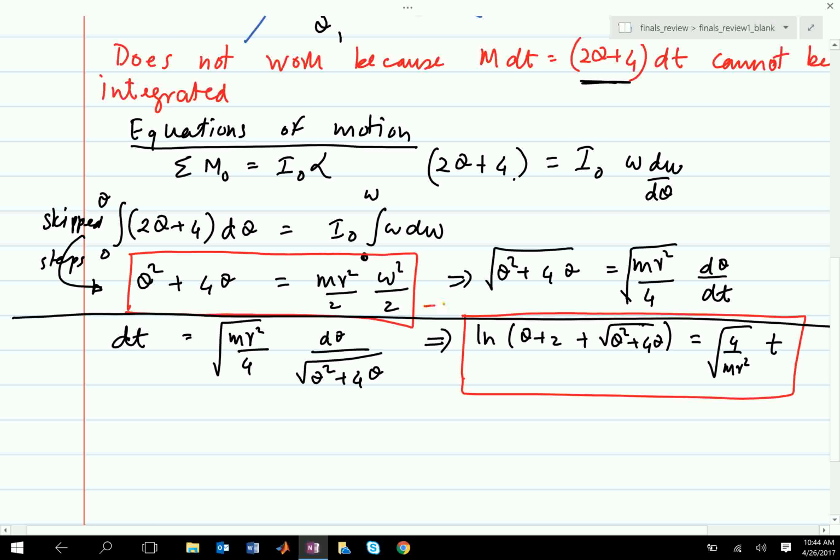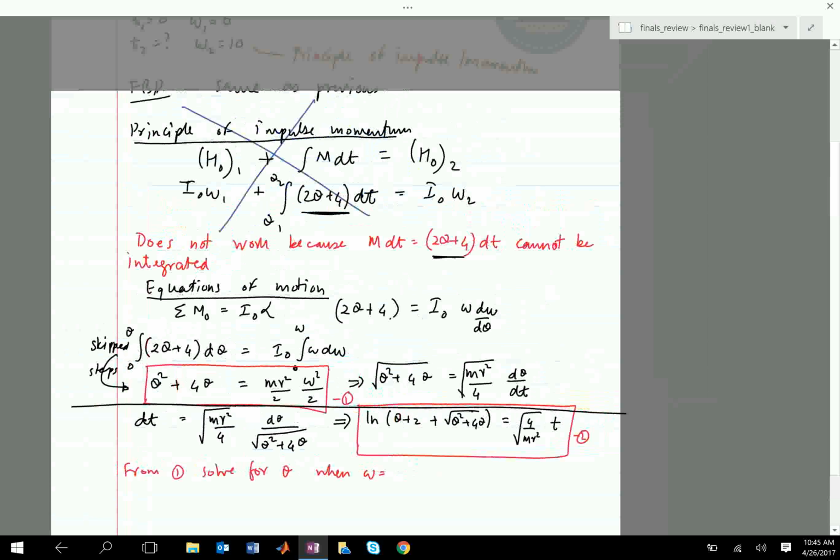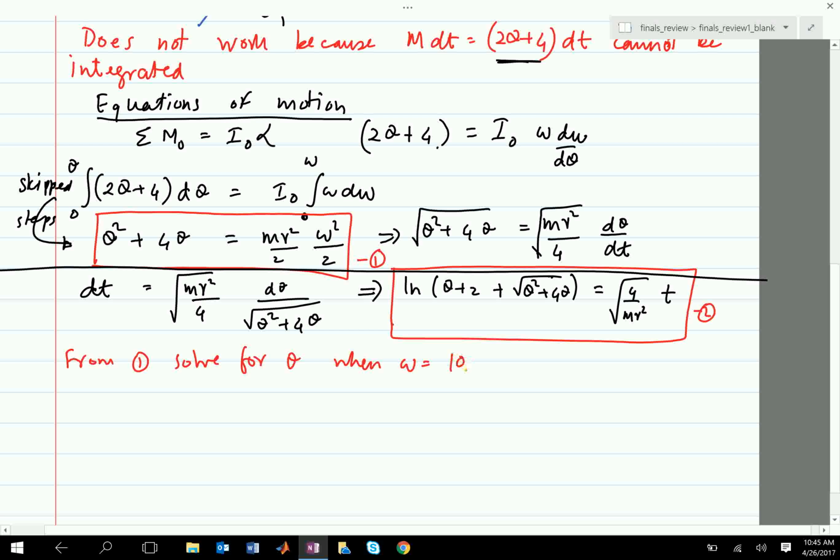So from 1 and 2, so from 1, solve for theta when omega equals what? 10, right? When I solve for theta when omega is 10, I get theta equals 0.915.